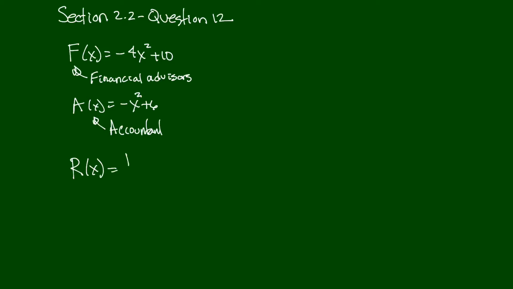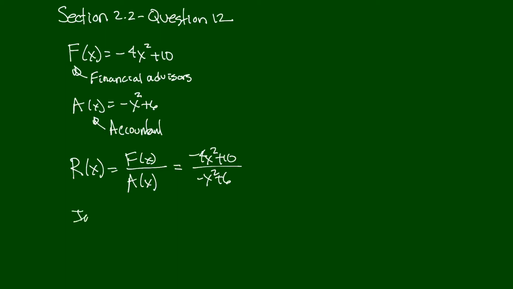So the ratio takes the revenue for the finance networking company and compares it to the revenue for the networking company for accountants. Now f of x is negative 4x squared plus 10, and A of x is negative x squared plus 6.